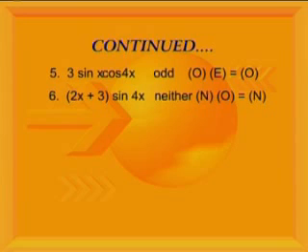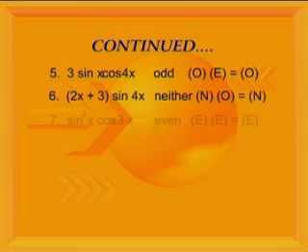Sine 4x is odd, so neither into odd is always neither. If you multiply a function which is neither odd nor even by anything, that will be neither odd nor even, so the result is neither.